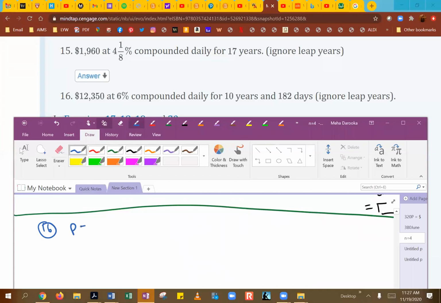Okay, so our principal amount that we are looking at is 12,350. Our rate of interest is 6%, so that would be 0.06 in decimals. You've got compounded daily.